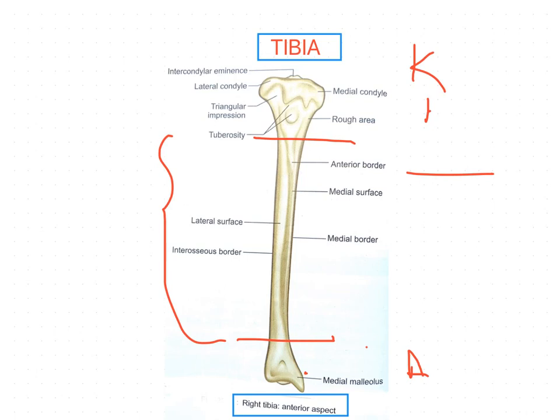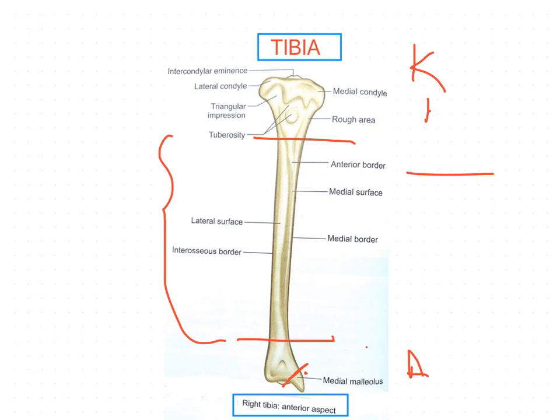If you see, the medial and lateral side of the bone can be distinguished by its lower end. So which one is medial and which one is lateral can be seen from its lower end. The end has a prominent downward projection, called the medial malleolus on the medial side.